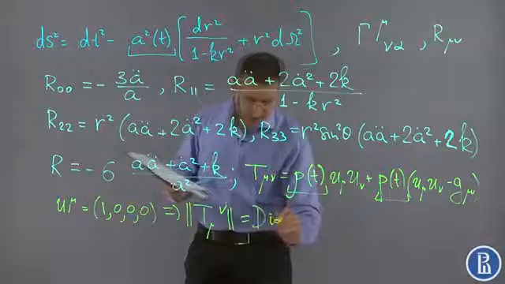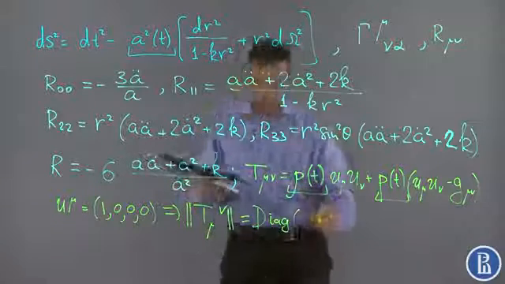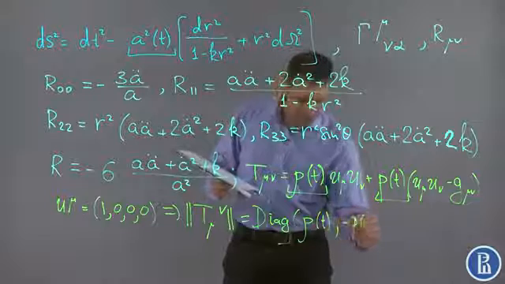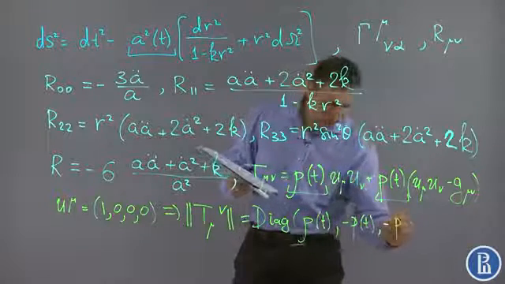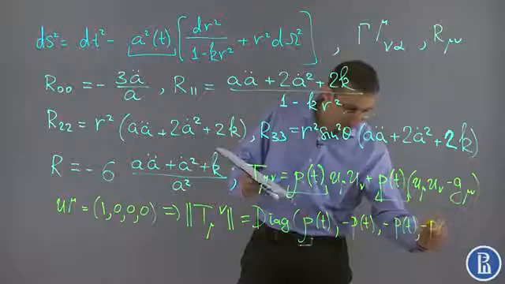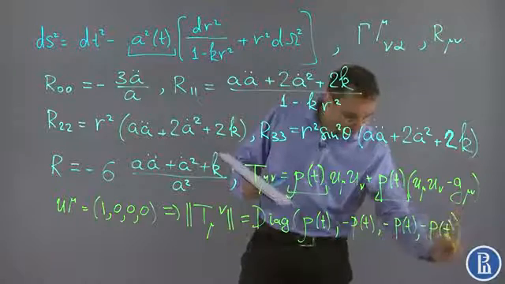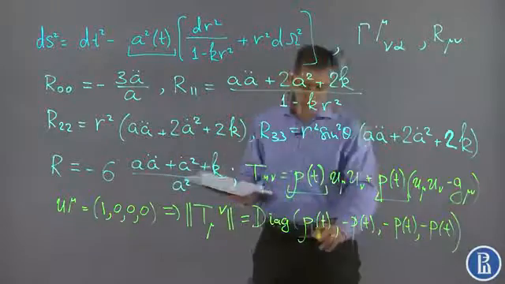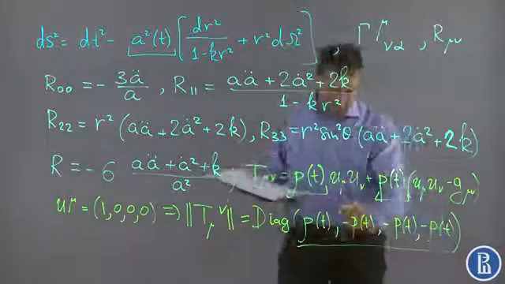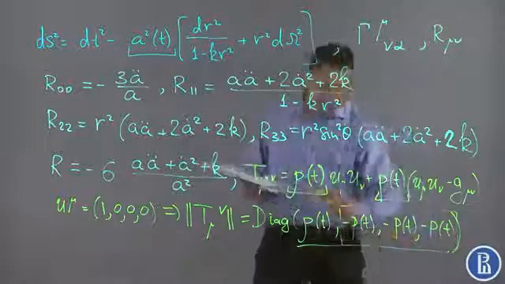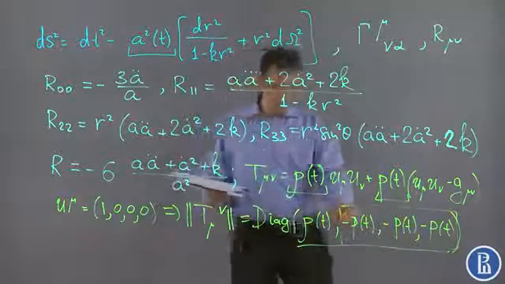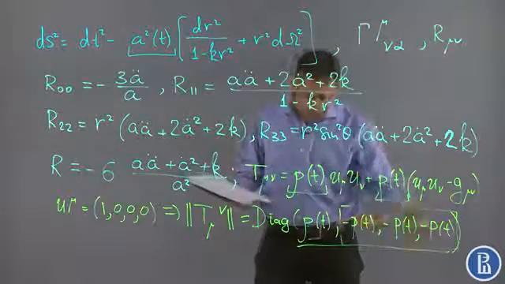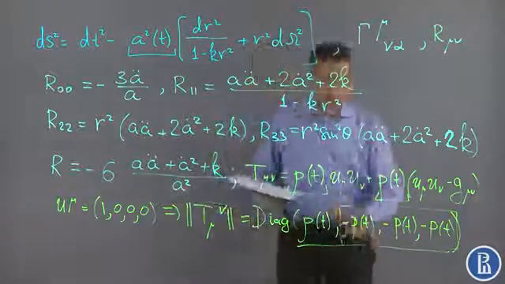It is a diagonal matrix of the form rho of t, minus p of t, minus p of t, minus p of t. So this form of the energy momentum tensor for the matter is in perfect agreement with the spatial homogeneity. First of all, we have rotational symmetry in space, so all directions in space are equivalent, and all the components of this energy momentum tensor depend only on time.